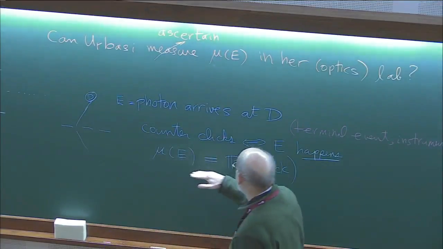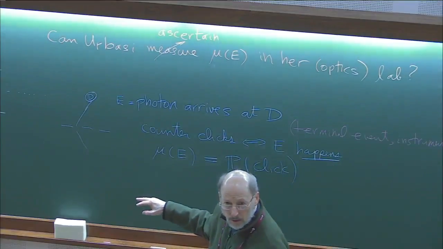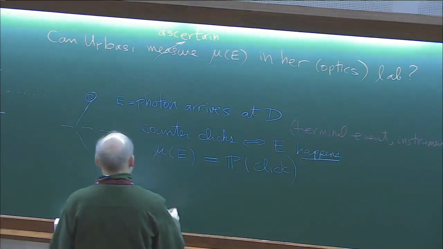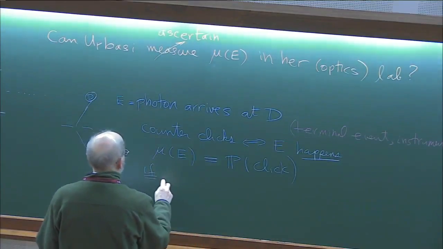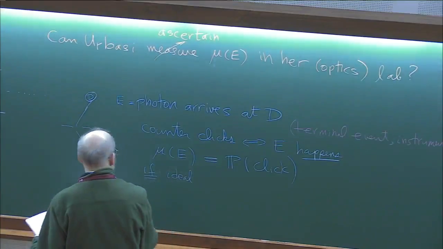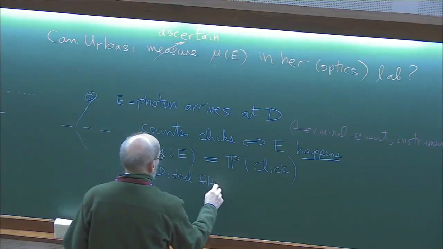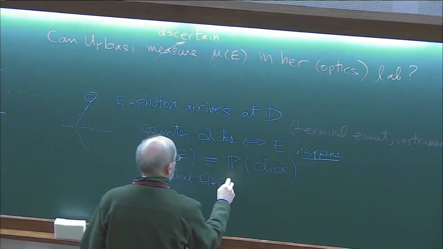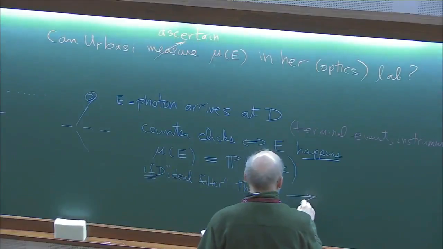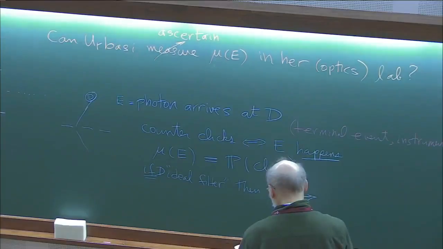There's a direct relationship between the click probability and the measure of the event we're trying to ascertain. And the second thing that's here is that if this detector D was an ideal filter or detector, then if we were dealing with the usual kind of story, we would replace the wave in which we work with a wave function.